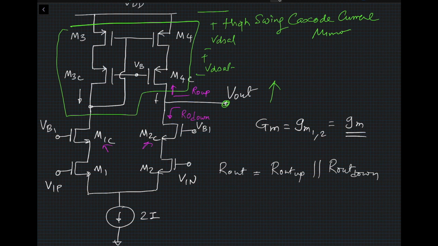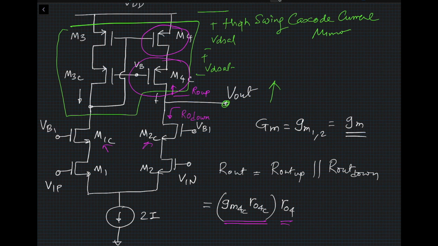What is looking up? Looking up is going to be, if you remember the equation, GM4 and R out 4 of cascode transistors, multiplied by the R out 4. This M4 transistor will have an R out 4, and that gets multiplied by the GM R out of the cascode transistors. So this is the GM R out of the cascode transistor, and R out 4 is the M4 transistor.